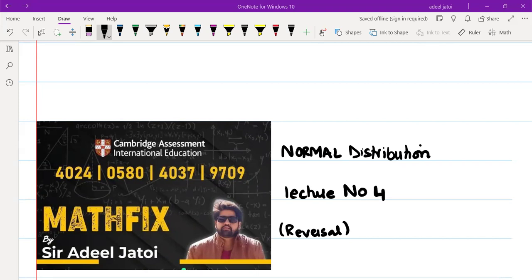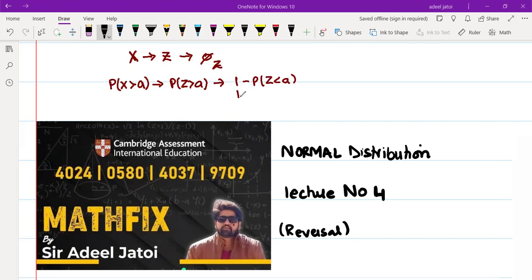You need to understand that in normal distribution, what we normally have is the data that is represented by X, we convert it to Z, we take out phi of Z. Or when it says probability that X is greater than A, that means probability that Z is greater than A. So this will be 1 minus probability Z is less than A. So what we do is we do phi of A.